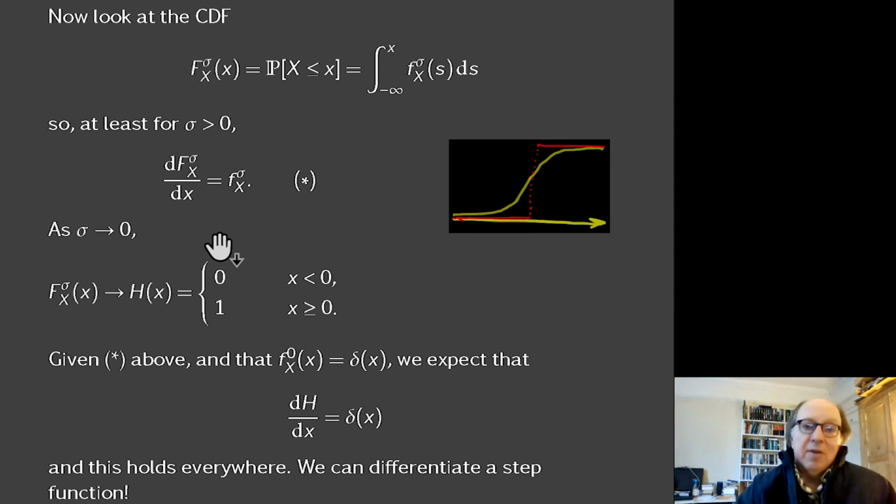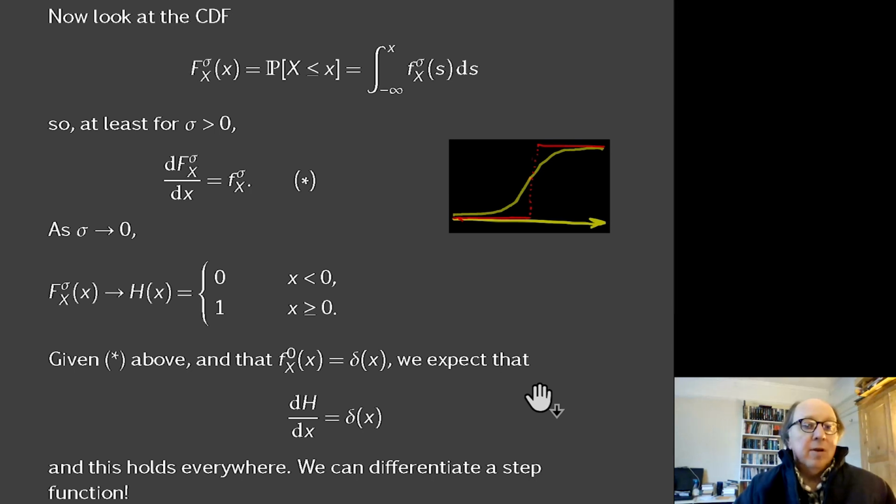And now we say, well, what happens to this when sigma goes to 0? Well, what's the limit? The limit is 0 when x is negative and 1 when x is positive, because if you have a random variable which is always equal to 0 with probability 1, then the probability of it being less than 0 is 0, and the probability of it being greater than 0 is 1, and this function is continuous from the right because of the way that we define the cumulative distribution function.